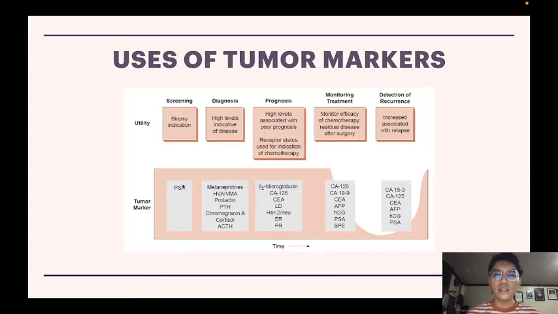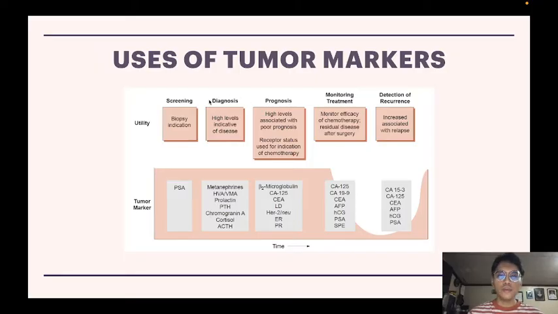So when there is increased PSA, pwede ka mag-biopsy. So tingnan mo yung prostate, and then tingnan mo yung cells if the cells are abnormal or cancer na yung cells sa ating prostate. So yan yung screening of asymptomatic or yung mga walang manifestations ng cancer. So actually PSA lang talaga ang established as a screening tumor marker.